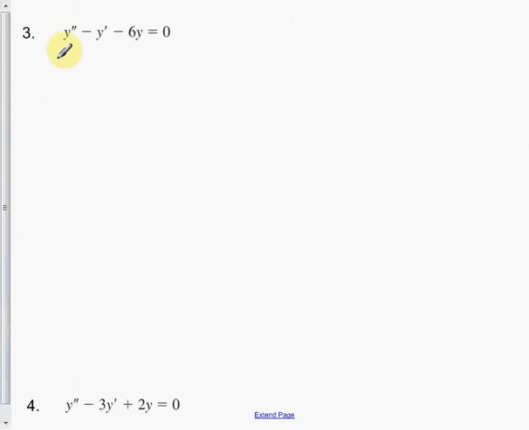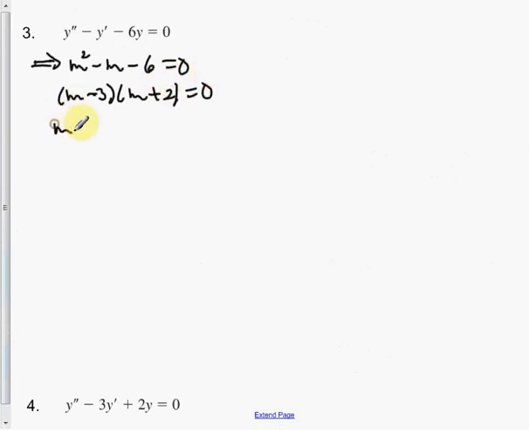I'm going to go ahead and write the auxiliary equation. This is m squared minus m minus 6 equal to 0. So just factor: m minus 3 times m plus 2 equal to 0.